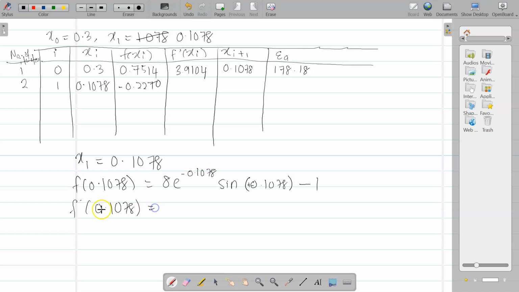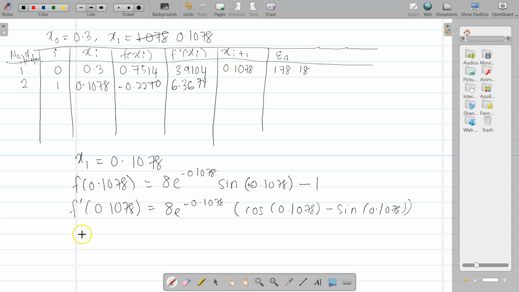And for its prime, which is the derivative of that function, we have exponential negative 0.1078 times cos 0.1078 minus sine 0.1078. You use your calculator, you will get the answer 6.3674.